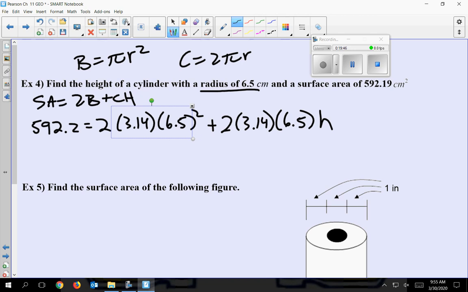So I'm going to multiply some stuff up, I'm going to subtract some stuff, and then I have to divide by what's in front of the h, which is whatever that multiplies up to. Okay. So if you want to hit pause, you can go do the math, and we'll get going.